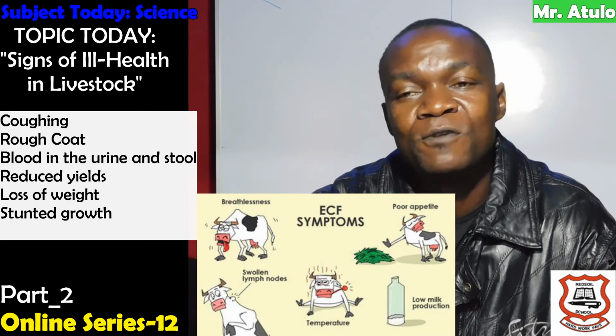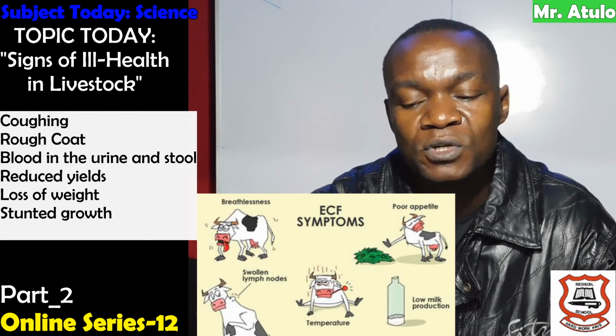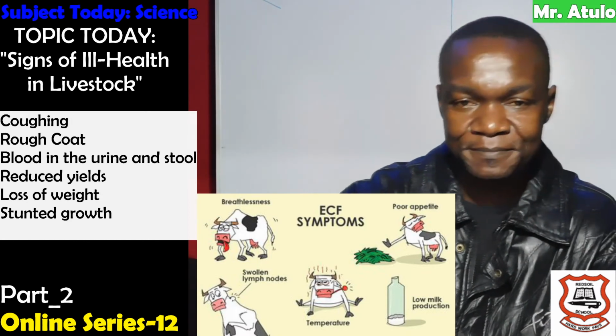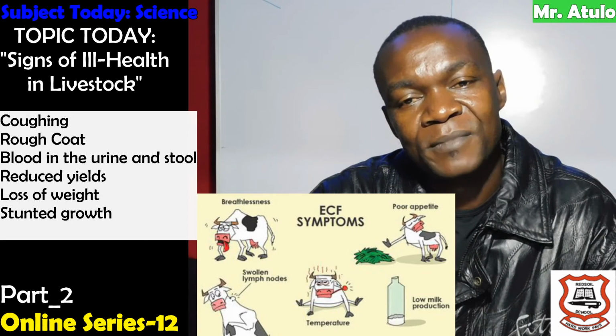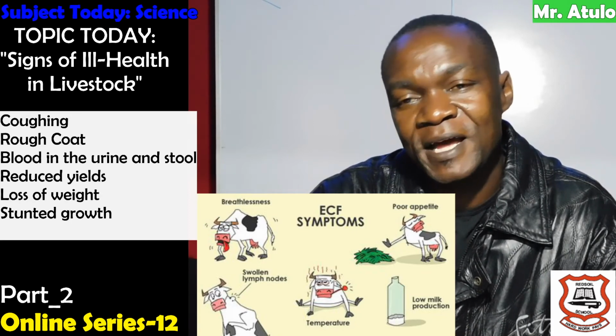Then we have the rough coat. The coat of an animal is made of either hair or feathers. For mammals, of course, it's hair. For birds, it's feathers. These cover the body of an animal.